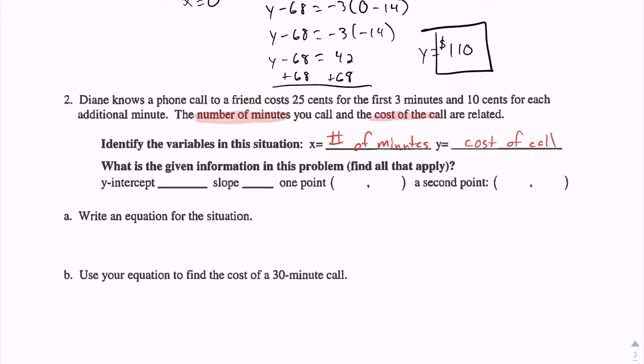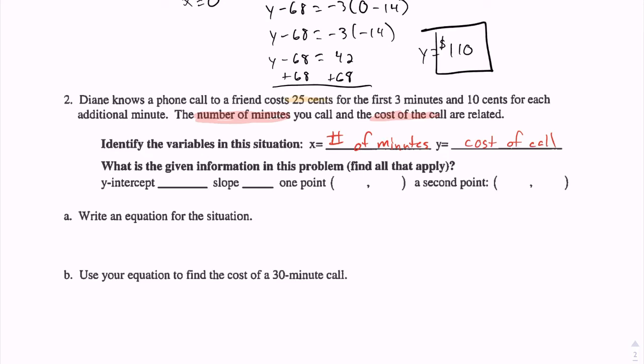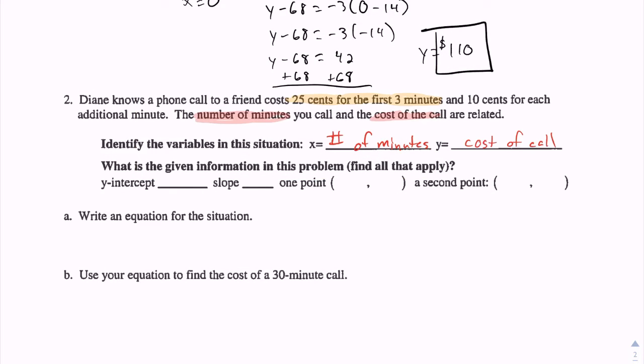Okay, so now, if we look, they give us 25 cents for the first 3 minutes. So that gives us an X and a Y. Since X is the number of minutes, 3 is your X, 25 cents, so we'll call it 0.25 is your Y, because cost, the money, is your y value. Okay?